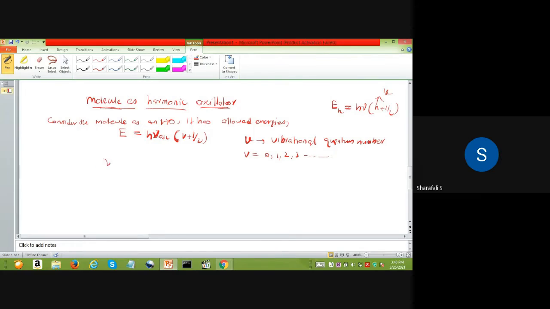Now, what is this nu oscillation? Nu oscillation is the oscillation frequency of that particular harmonic oscillator. That will be given by 1 by 2 pi root K by M, where K is your force constant.